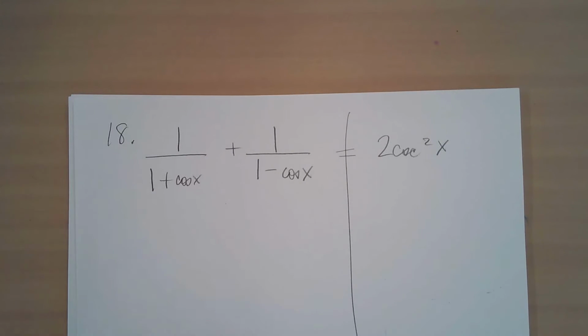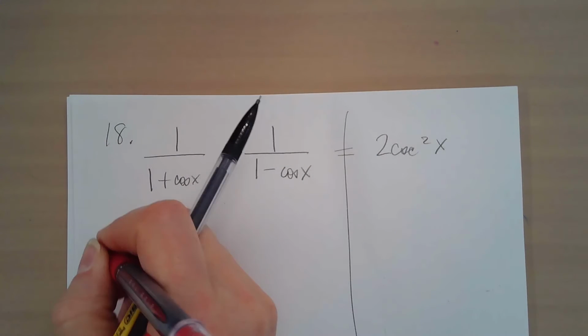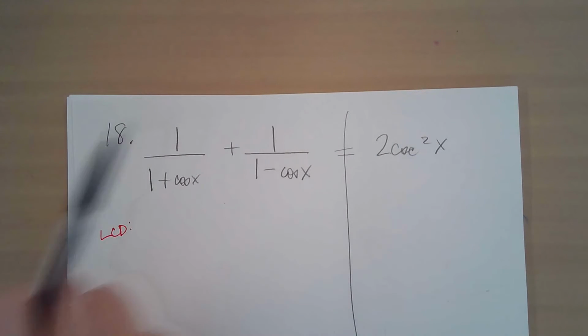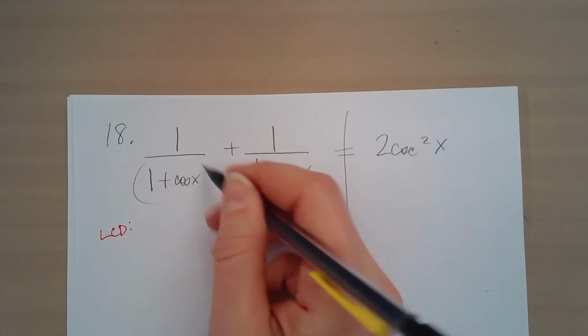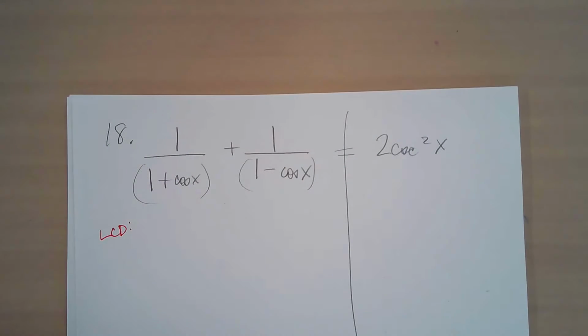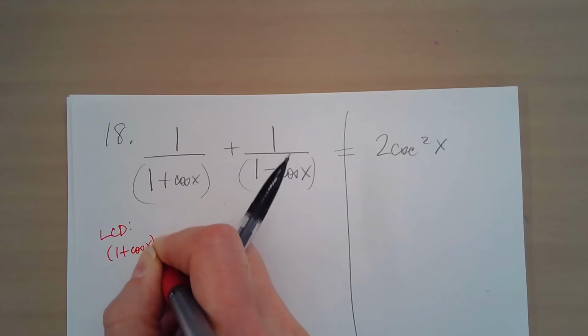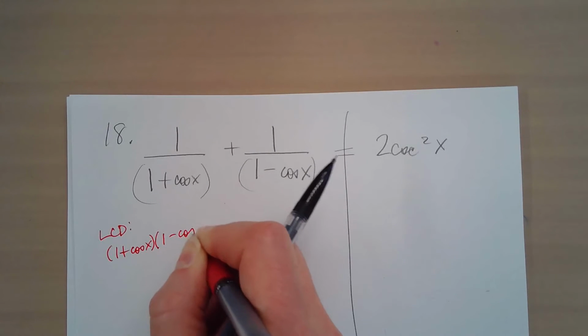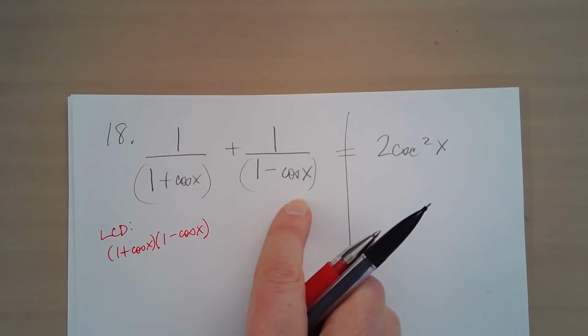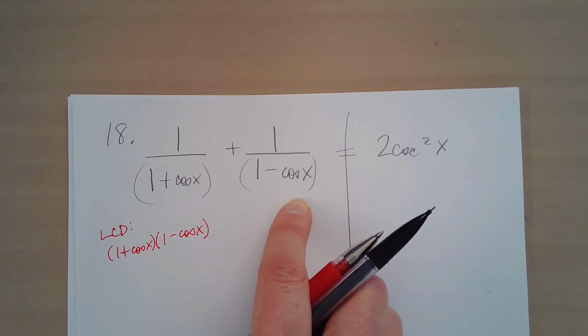LCD, right? So the LCD, well, this is complicated. I guess the LCD is just going to be these two multiplied together: 1 plus cos times 1 minus cos. By the way, what do you recognize about these guys? They're conjugates, right? They're difference of squares factors.